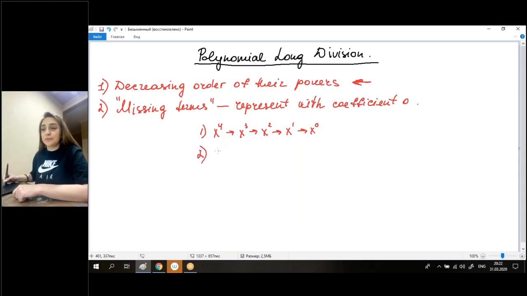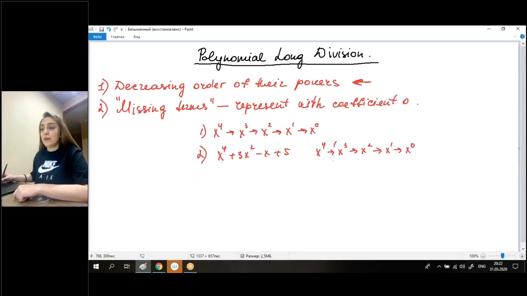For example, we were given a polynomial x to the power of 4 plus 3x squared minus x plus 5. Okay, the greatest power is x to the power of 4, then must follow x cubed, then x squared, x to the power of 1, and x to the power of 0.